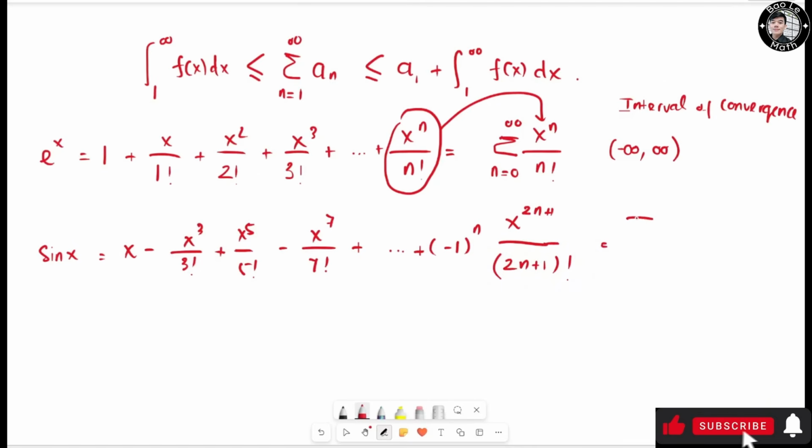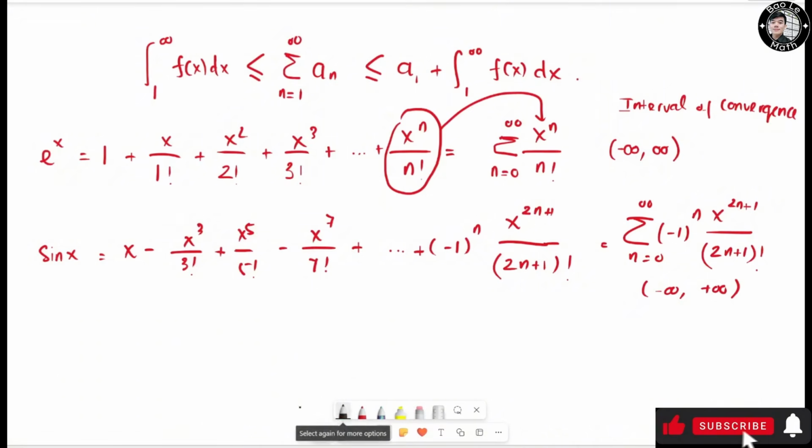It's actually the series of negative 1 raised to the n, s raised to the 2n plus 1 over 2n plus 1 factorial when n goes from 0 to infinity. And the interval of convergence of the series is negative infinity to positive infinity.